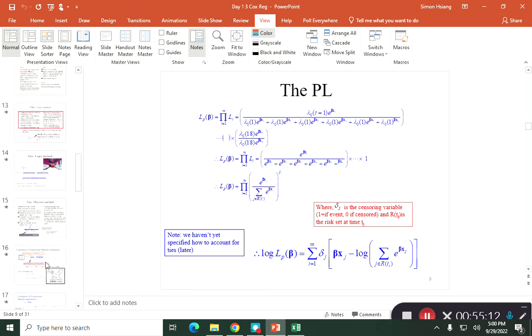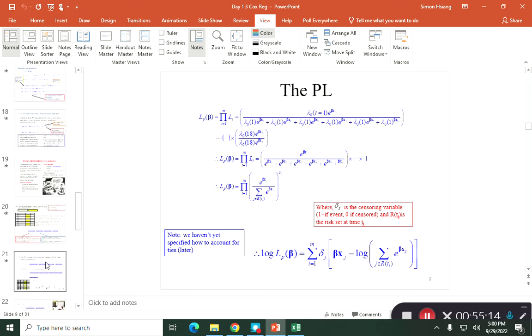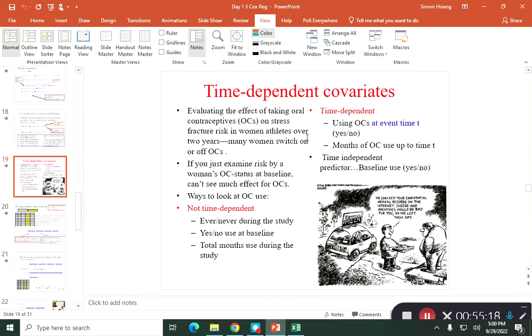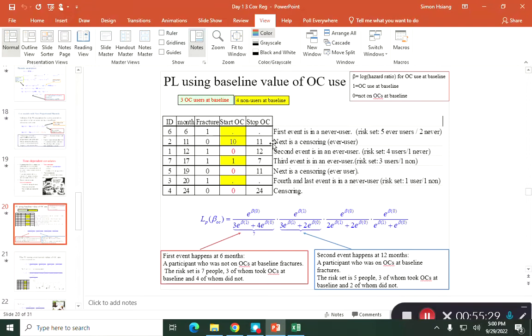The one I would like to show you is, where's that example? Okay, this example is about fracture with females taking OC. Here are a bunch of OC examples. You have fracture as an event, fracture is an event, fracture is an event.